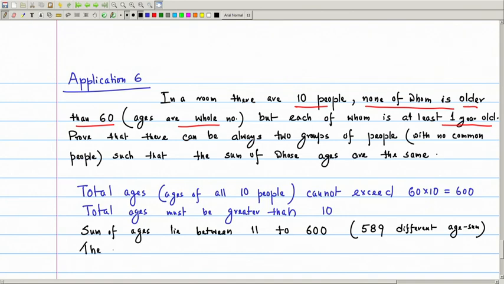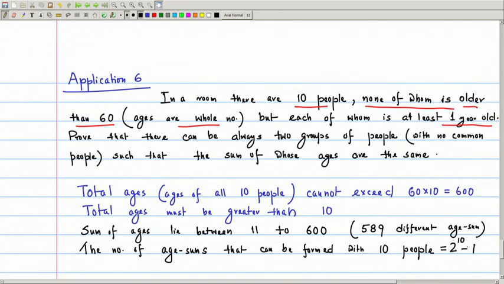The number of sums that can be formed with 10 people is 2 to the power 10 minus 1, which is equal to 1023.